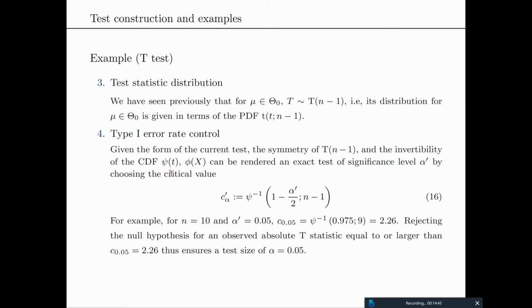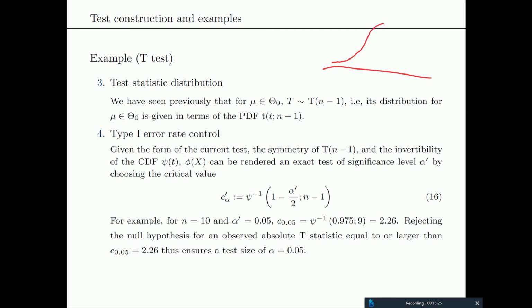We know its PDF, we know its CDF, and we can hence find a critical value such that if we reject only if our observed t-value is larger than the critical value, there's only a certain probability for this to happen. To make this a little bit clearer, I can draw on this, because intuitively it's horribly simple.